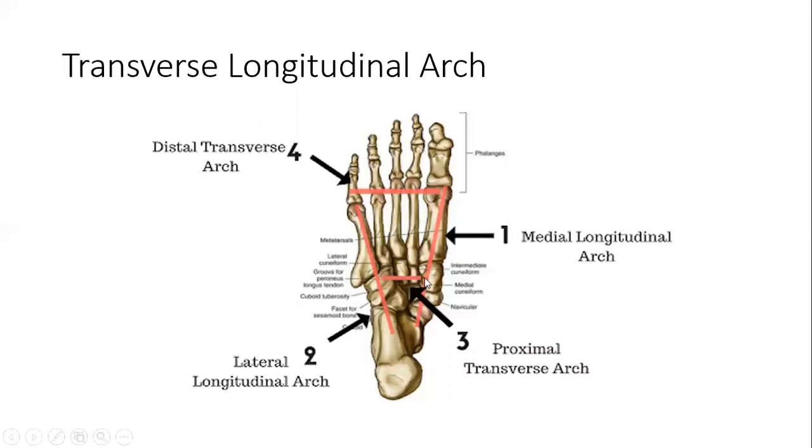Secondly, you have to connect one end of an arch to the other end of the same arch. Then we will need certain structures that will suspend these arches. Fine? I hope it's clear.